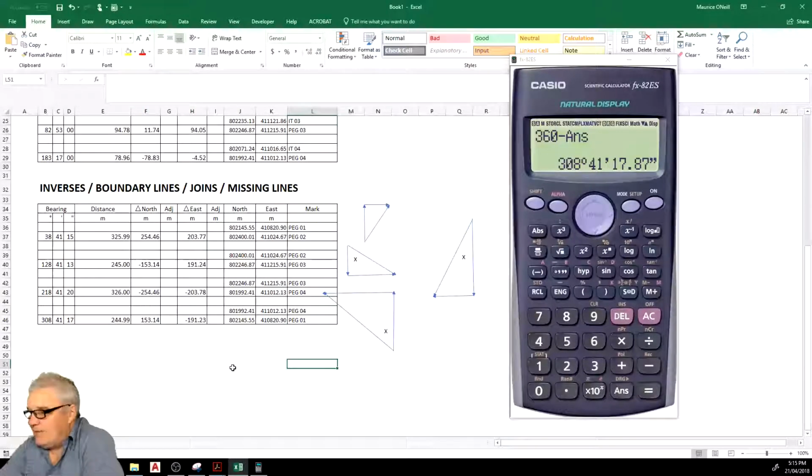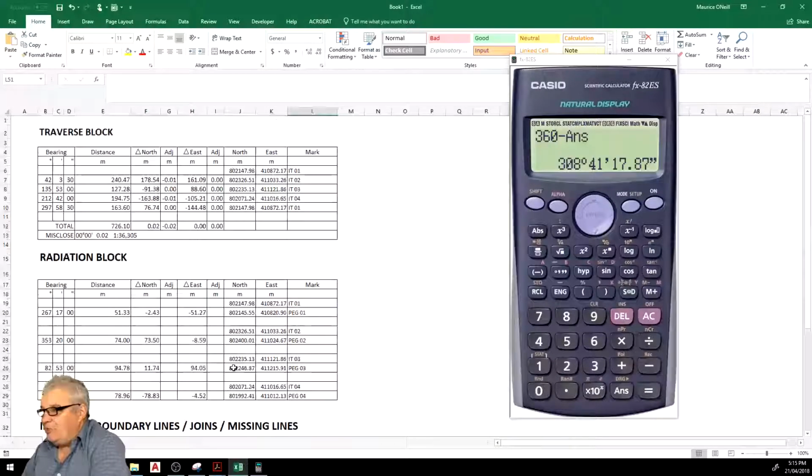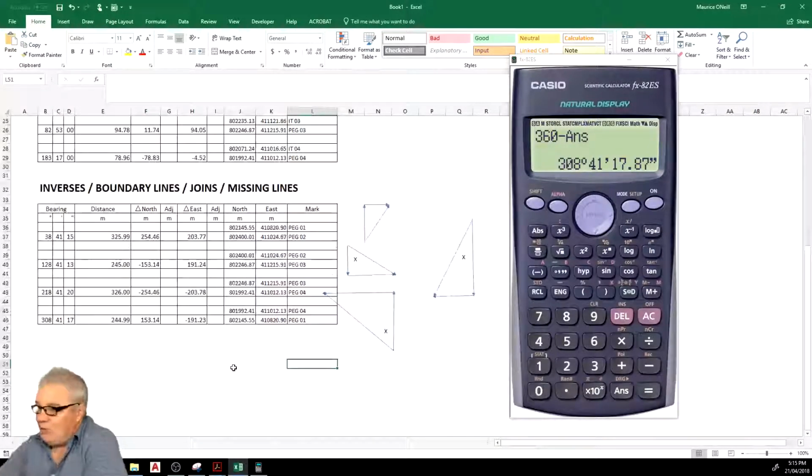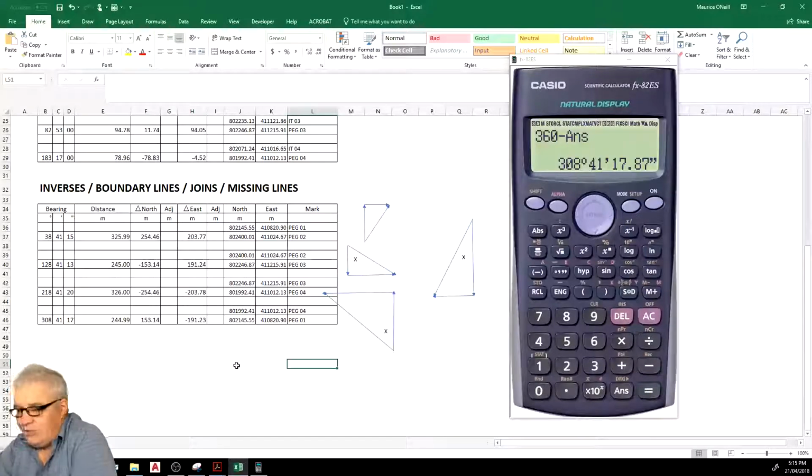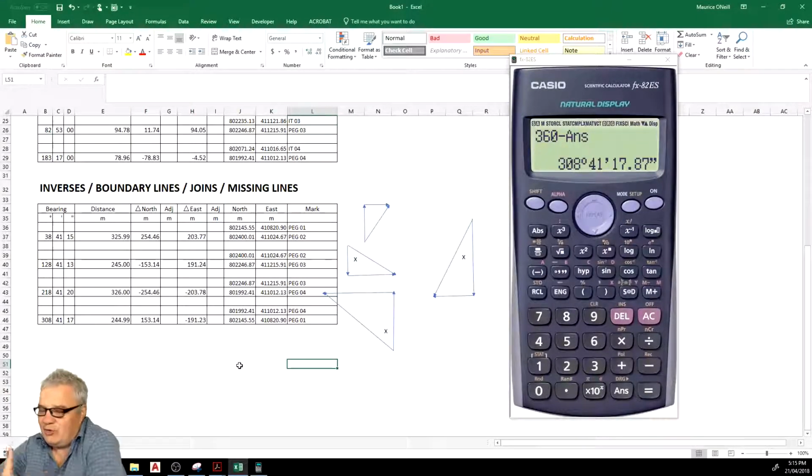In New Zealand, yes, we do have software that does them for us, various traverse programs and things like that. The purpose of doing them in a course is to have an understanding of the northings and eastings and how it all relates back to trigonometry. And that background always helps.